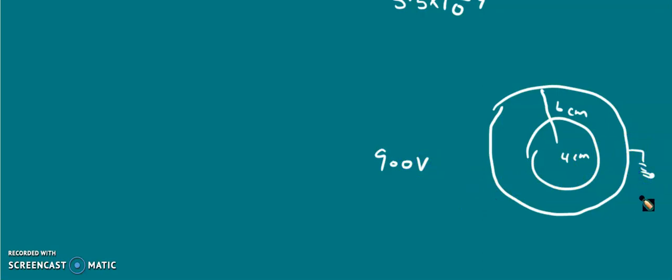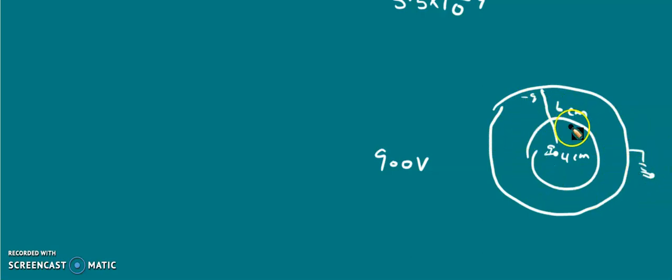Find the charge on the inner sphere. Suppose the charge given is Q on the inner sphere, minus Q is induced on the inner side of the outer sphere, and this is earthed.